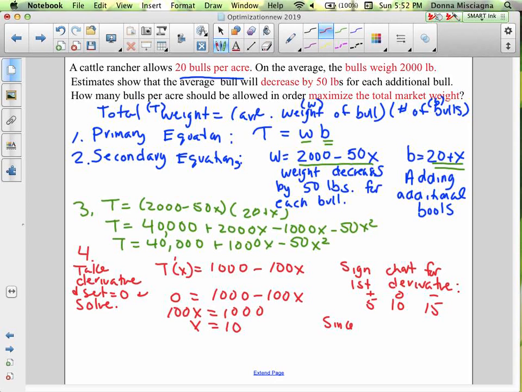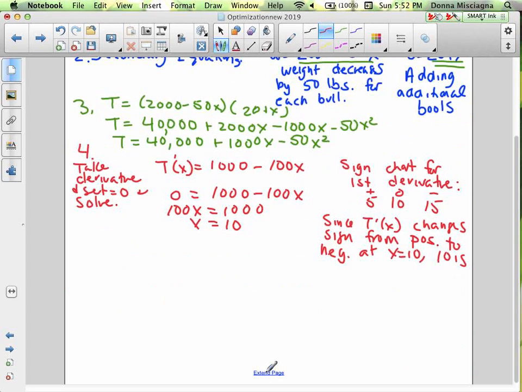So since T prime of x changes sign from positive to negative at x equals 10, 10 is a relative maximum.